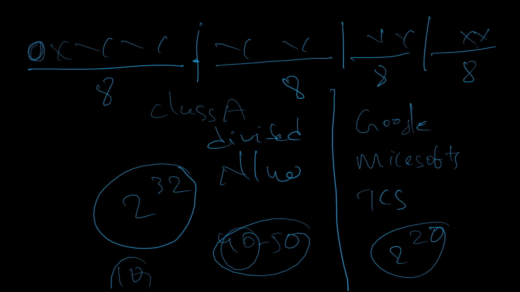So we need to formulate a procedure so that these IP addresses are distributed according to usage and not wasted. If we give 2 power 20 IPs to every network, then we don't have that many IPs, and that many networks won't be left. So to avoid this confusion, we divide into different classes.